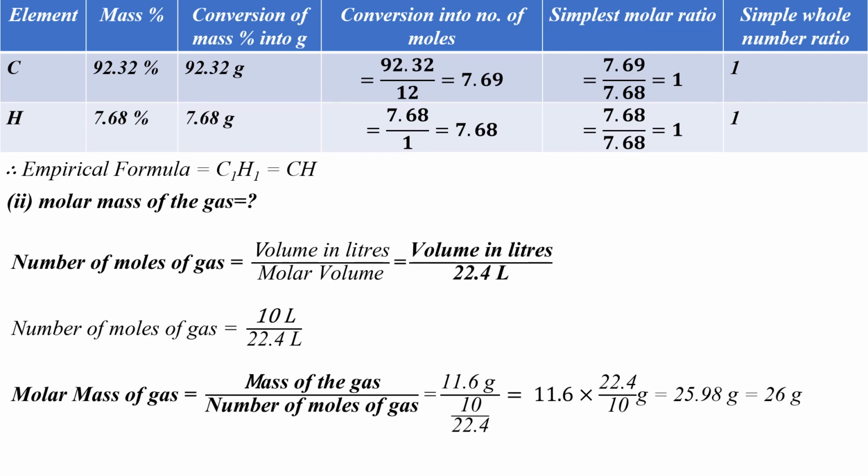Divided by number of moles, which is 10 divided by 22.4. Now you take the term in the denominator to the numerator, and when you do that, you write it in the inverse form. So 11.6 into 22.4 divided by 10 gives you 25.98 grams. You can simply round it off and write it as 26 grams.